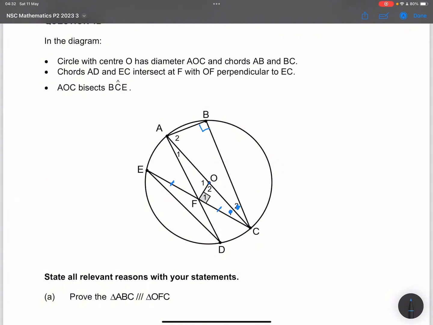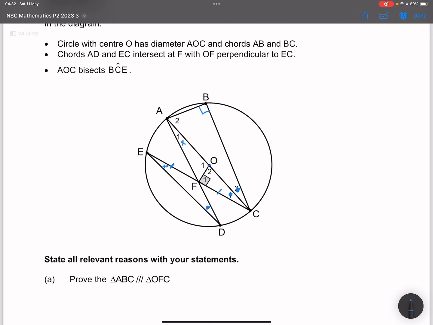But also note that C1 is equal to D, these are angles at the same segment, as well as angle E is equal to angle A1. And of course, angle EFD would be equal to AFC because they're vertically opposite. Now let's go to the next point.